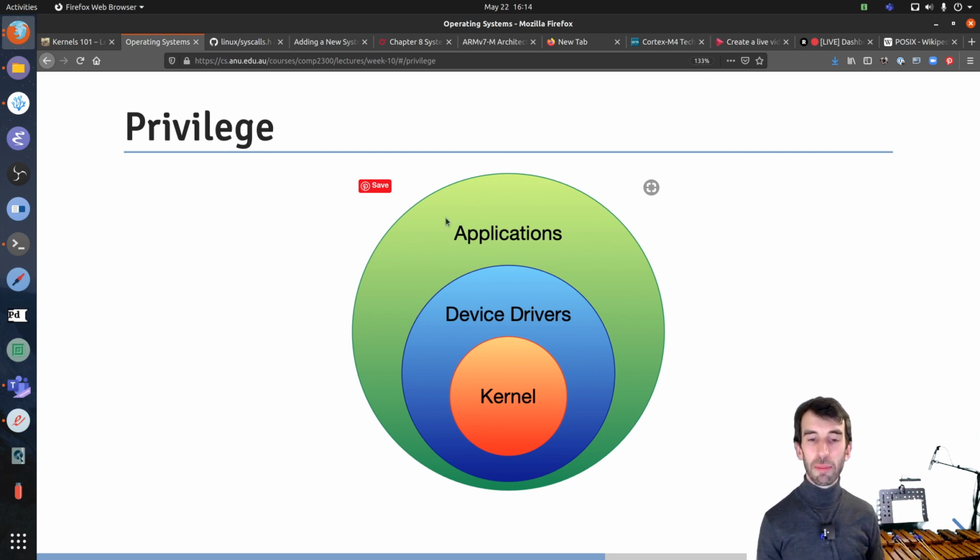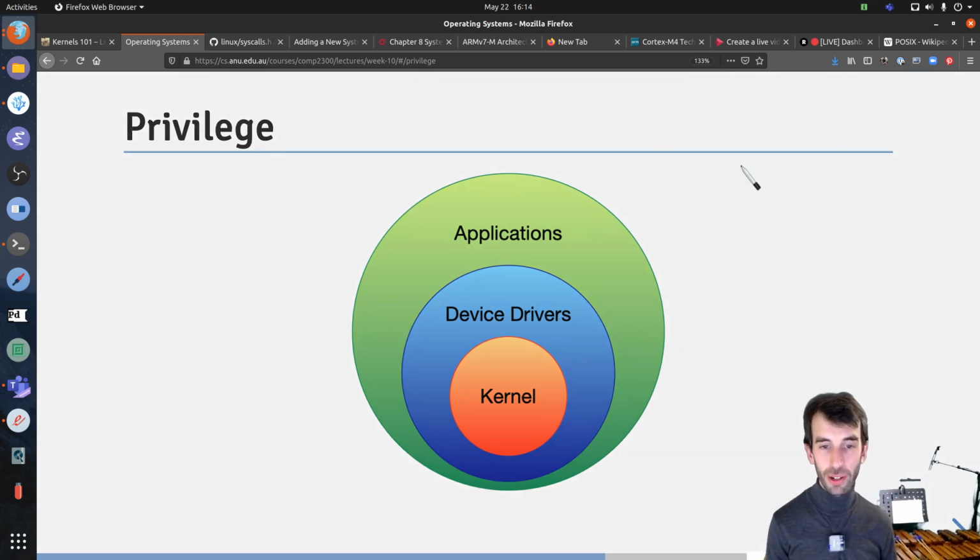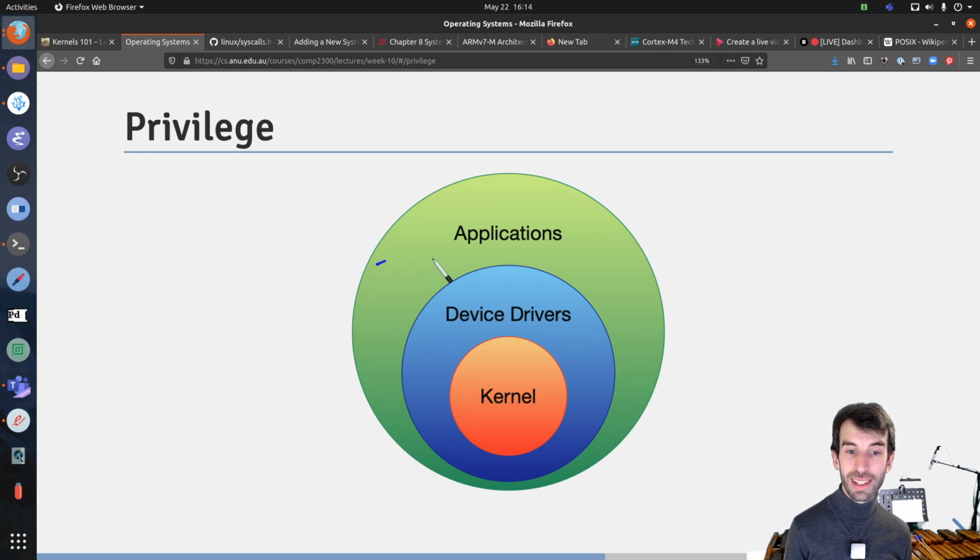Of course, we don't want applications to read each other's data. We've gone through that in every way possible. But we probably also don't want our application code, which a regular programmer could write, to start interacting directly with devices. Why might we not want that to happen?